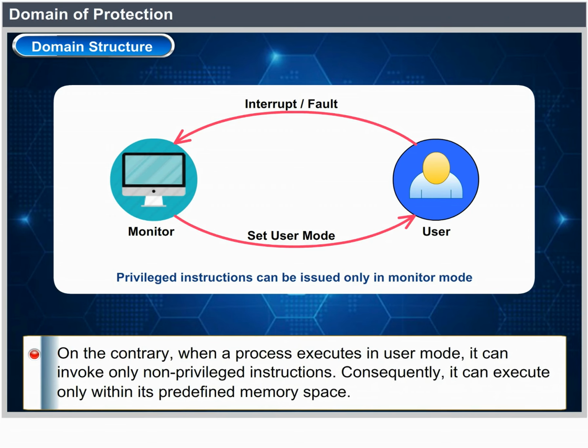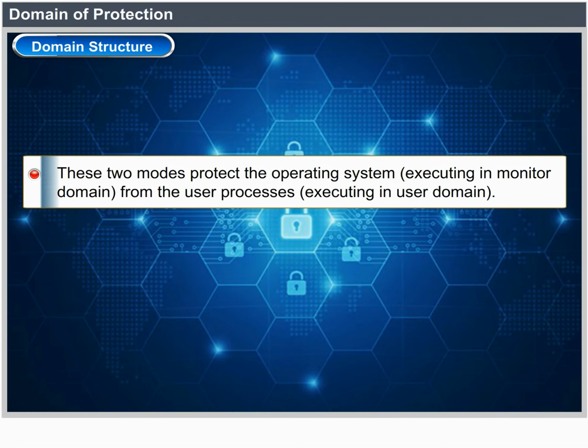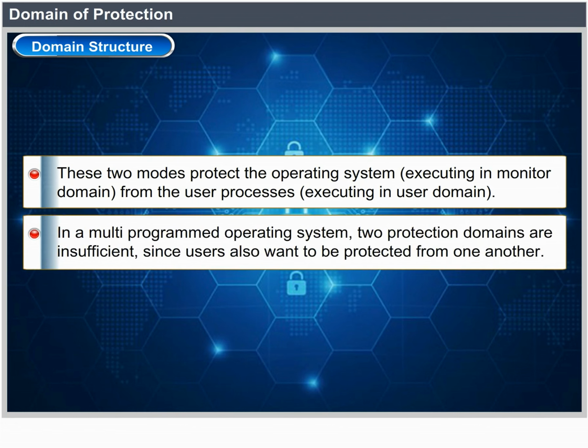Consequently, it can execute only within its predefined memory space. These two modes protect the operating system, executing in monitor domain, from the user processes executing in user domain. In a multi-programmed operating system, two protection domains are insufficient since users also want to be protected from one another. Therefore, a more elaborate scheme is needed.